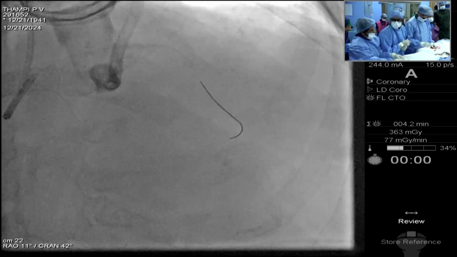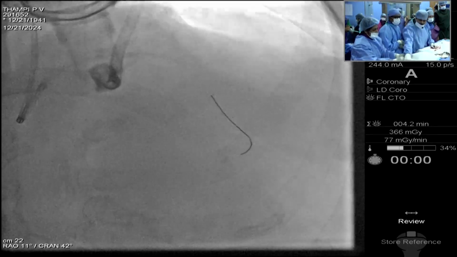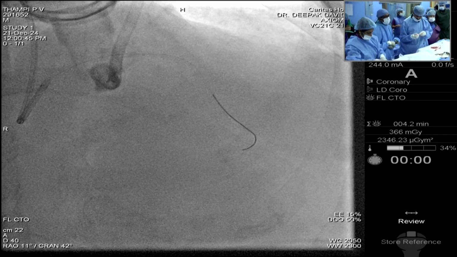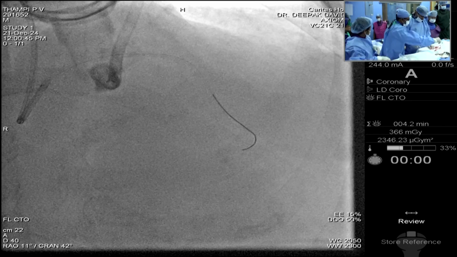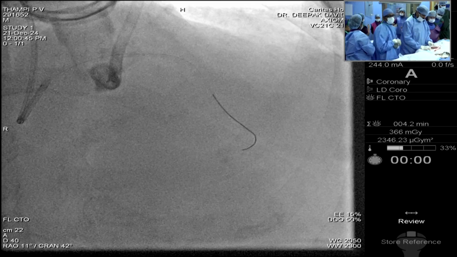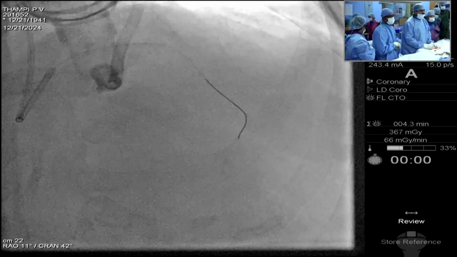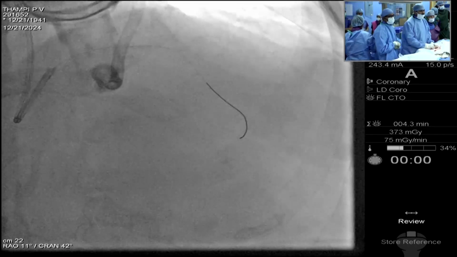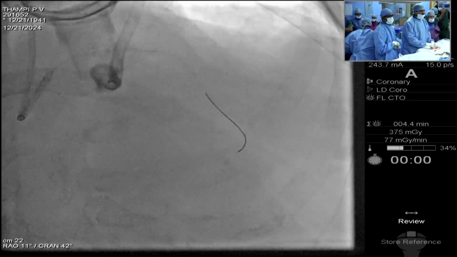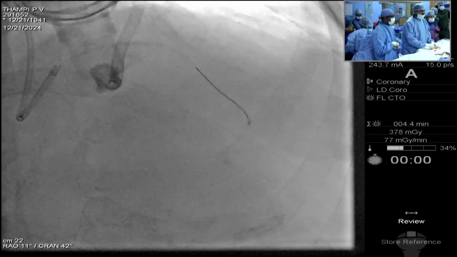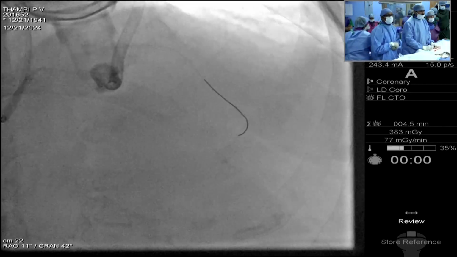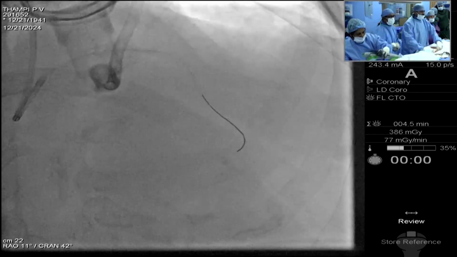Keep a floppy wire ready. Somebody is monitoring the saturation, right?